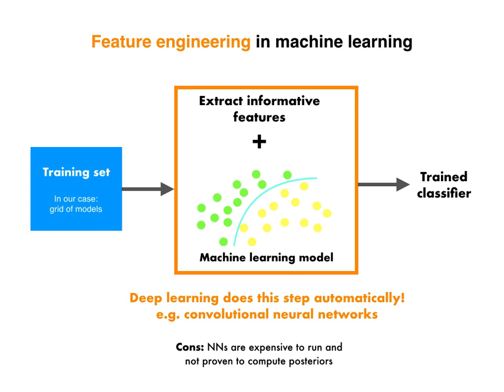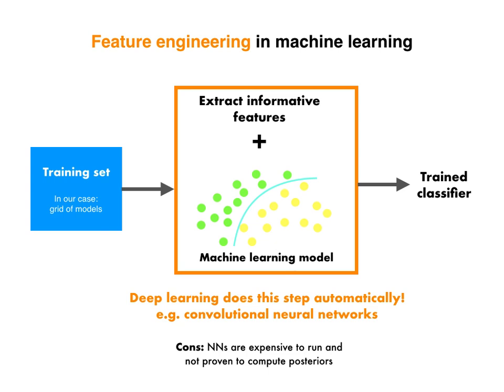And techniques like deep learning would then extract the informative features from this training set, and one ends up with a trained classifier.